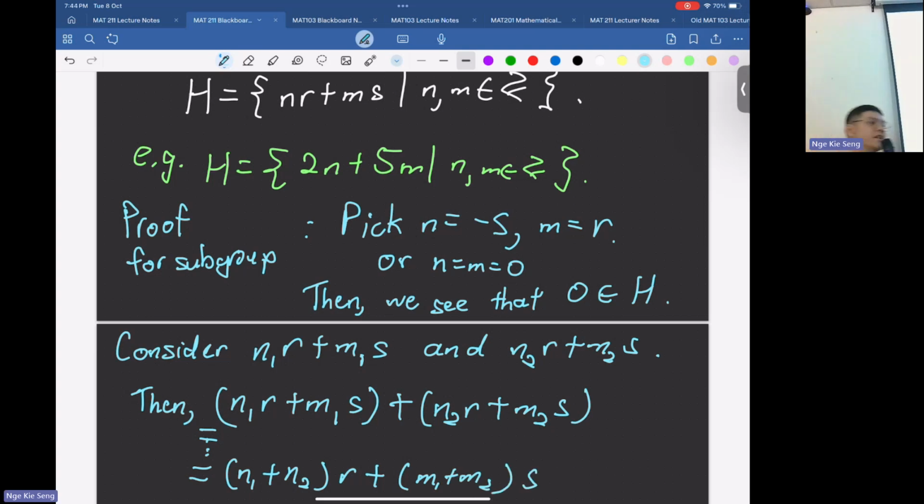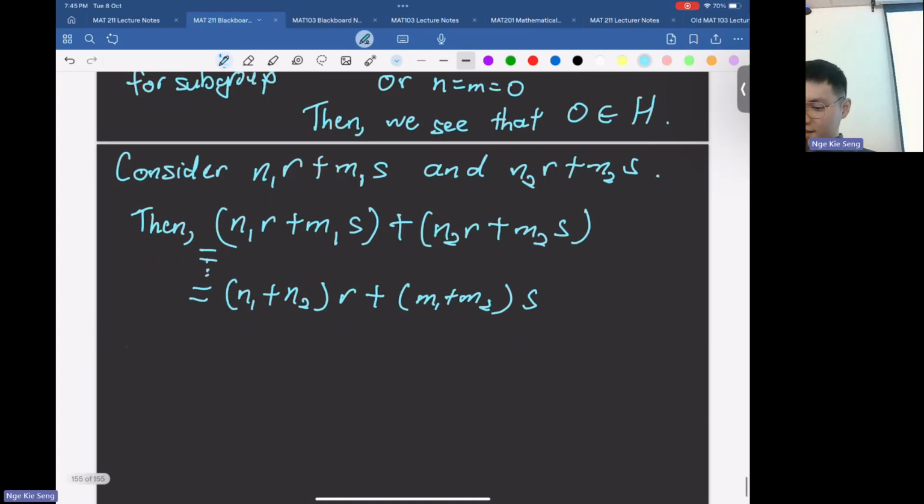But we know that integers are closed under addition. Now we do inverses. So consider nr plus mx. What's the inverse?